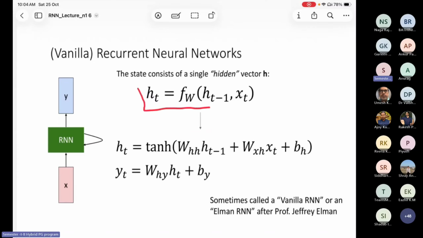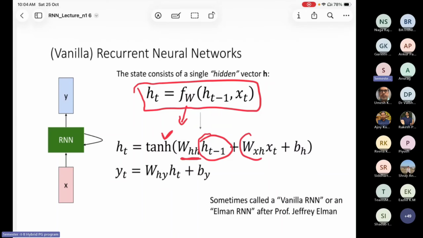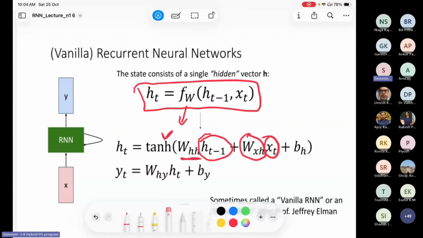So this is the main function, and if I open this FW, it is this. What is happening? You are multiplying WHH with HT minus 1 and WXH with XT, and then you are adding bias. Then whatever you get from here, you apply the tanh, that non-linear function.